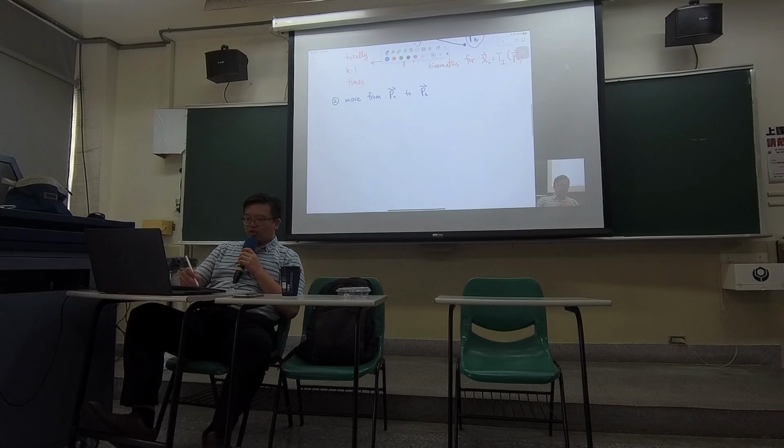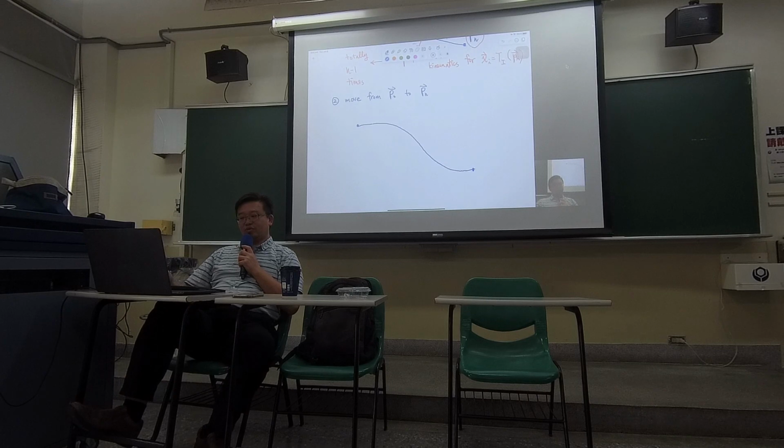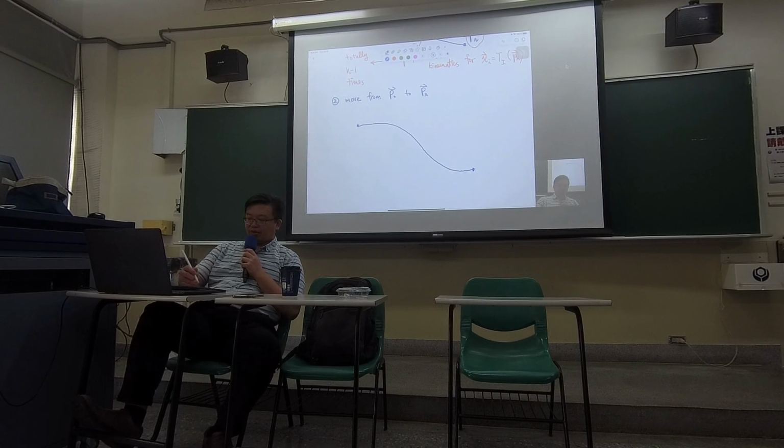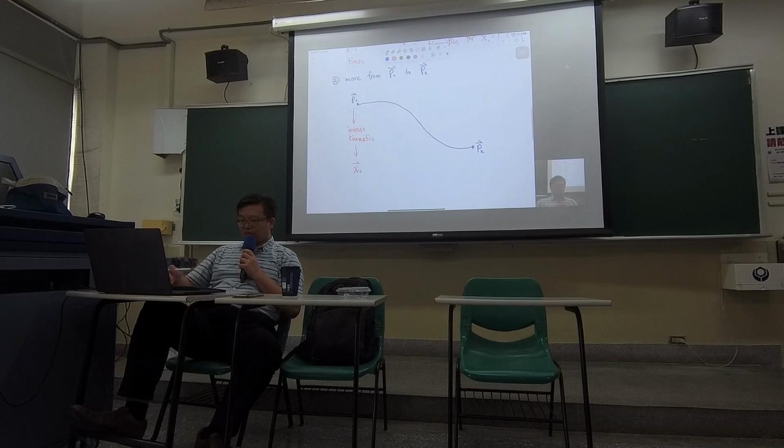So a pretty effective way to do it could be following some kind of curvy trajectory. And I'm gonna tell you what that is. So this is P0, this is Pn, right? What you can do first is to do inverse kinematics. Then you will get the x0.